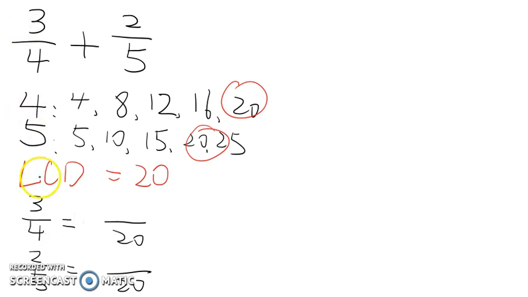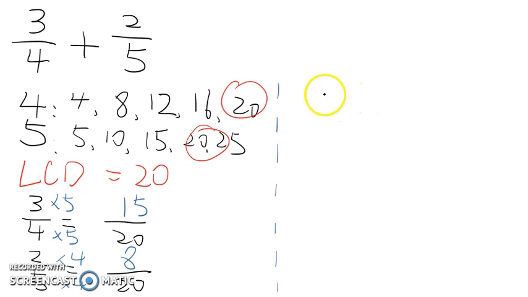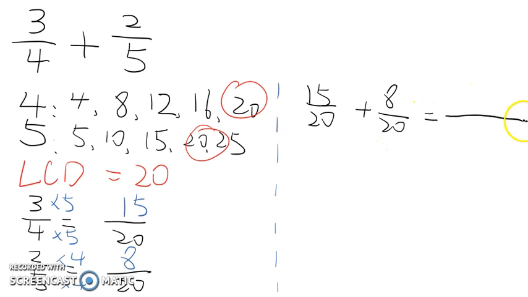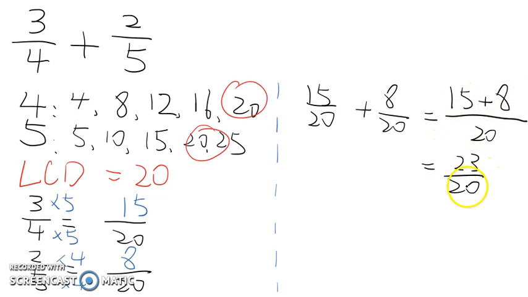So the first one would become 15/20, and the second one would become 8/20. And hence, next step, write down 15/20 plus 8/20 would equal 15 plus 8, which would equal 23/20.